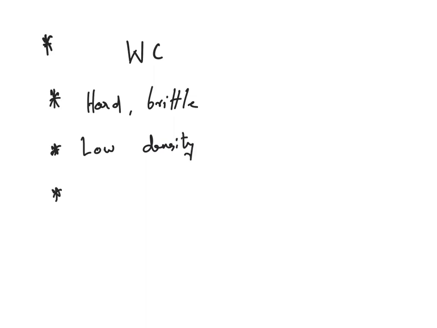We talked about brass; it doesn't have a definite chemical formula. These intermetallic compounds are very hard. They are very brittle. They have a very low density, so they find applications in the gas turbine industry for high temperature applications.